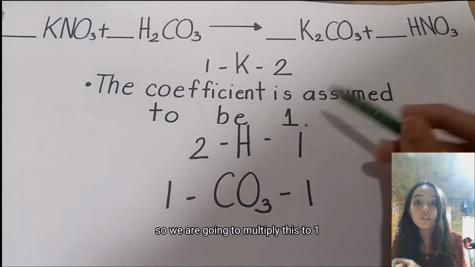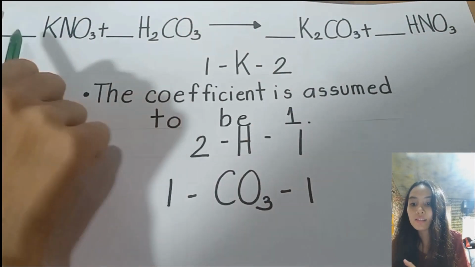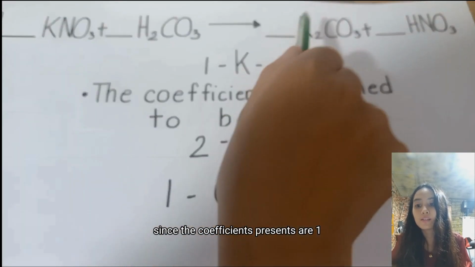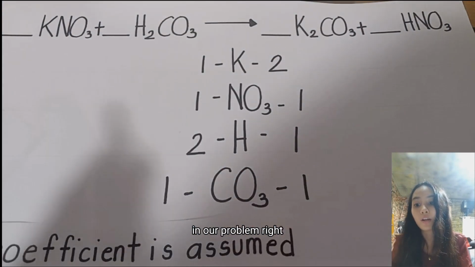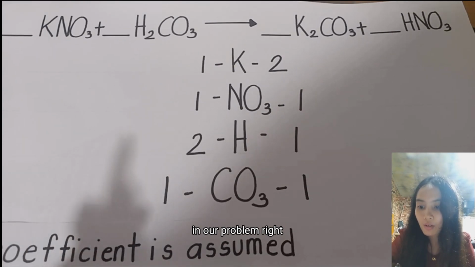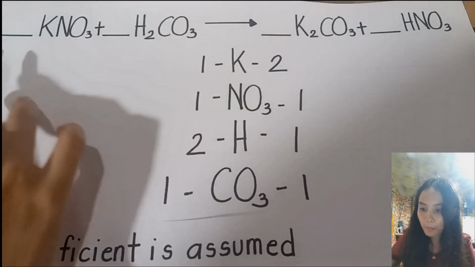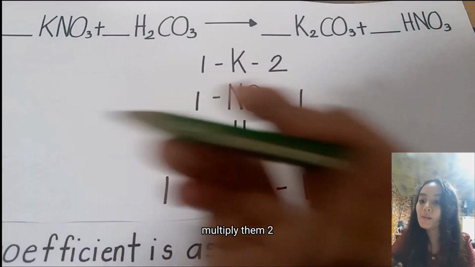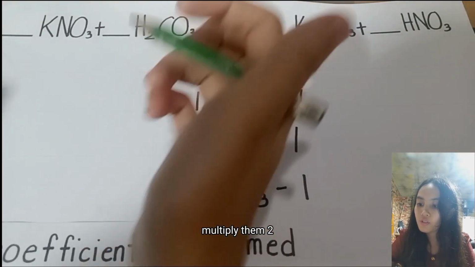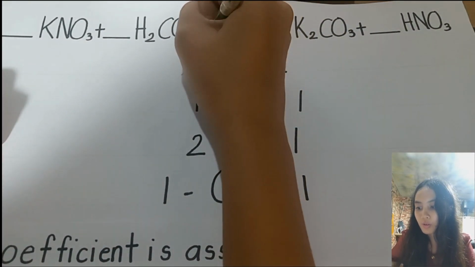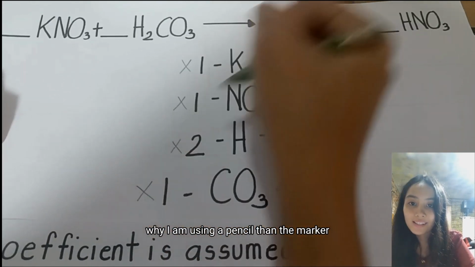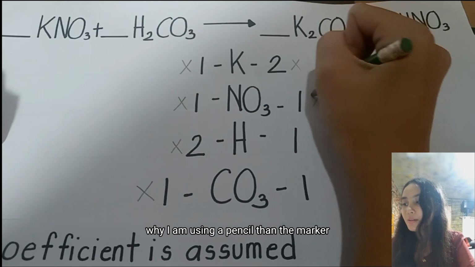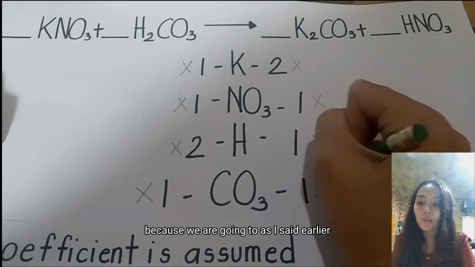So we are going to multiply this by 1 since the coefficients present are 1, since that is what we assume to be present here in our problem. So we're going to multiply them by 1.